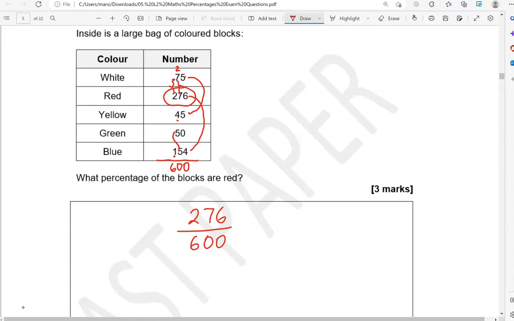to get the percentage. But what I'm going to do instead is see if I could get to an equivalent fraction where I've got 100 at the bottom. That would give me the percentage. So to get to that point, that means I need to divide 600 by 6.